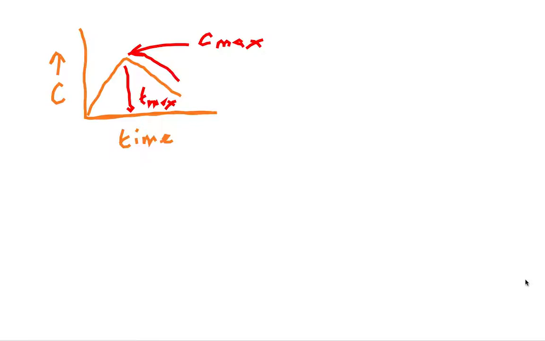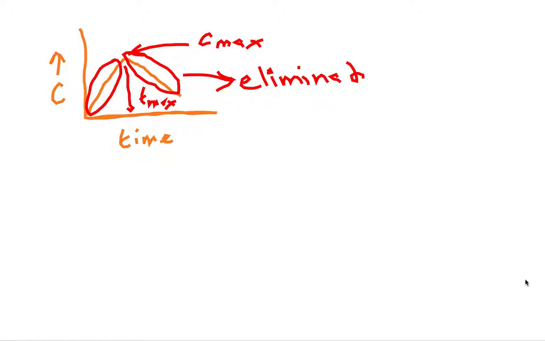The elimination can be calculated from the terminal phase after absorption is complete, and the absorption rate constant, or the absorption part of the process, can be calculated from the first part of the graph. So we have to separate these two parts of the data.